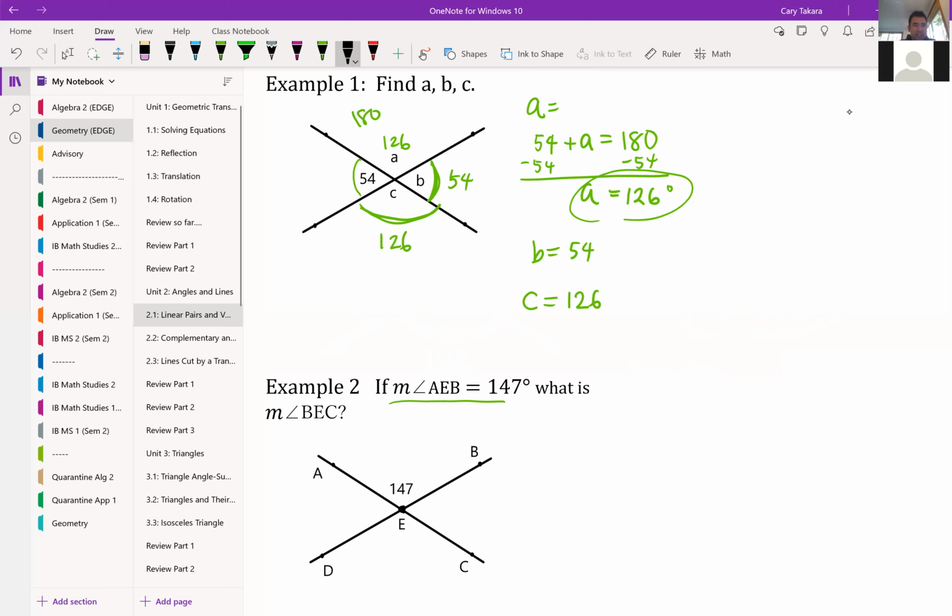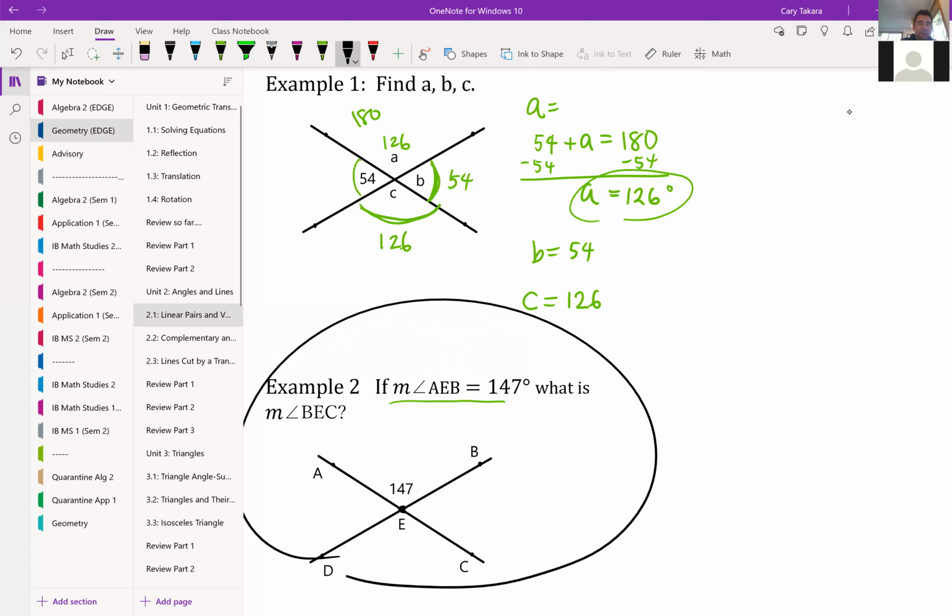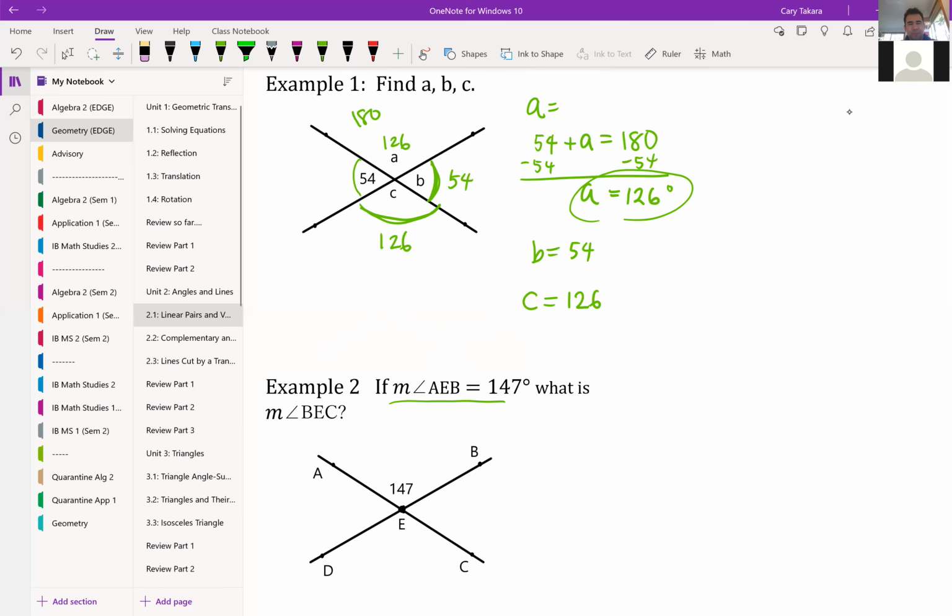So again, let's please write down everything right here. It's important that you have this in your notes, okay? As we go through this unit, you are going to see some symbols, okay?